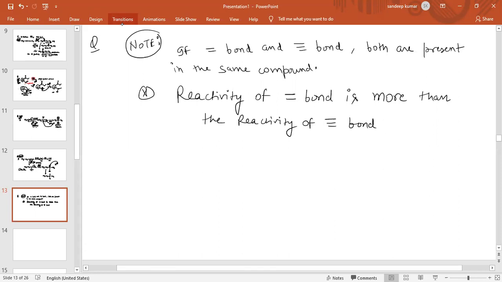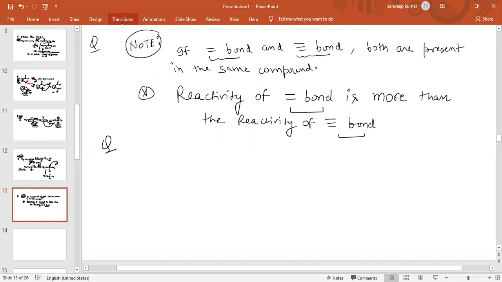So if in the same compound a double bond is present and also a triple bond, then the reactivity of the double bond is more with respect to the triple bond, because this double bond will form a more stable carbocation.